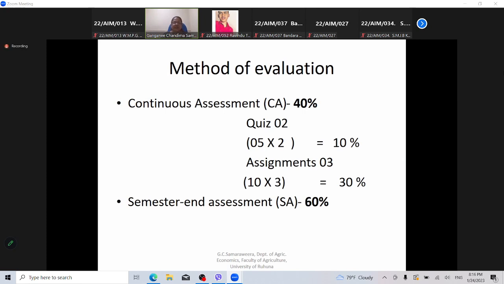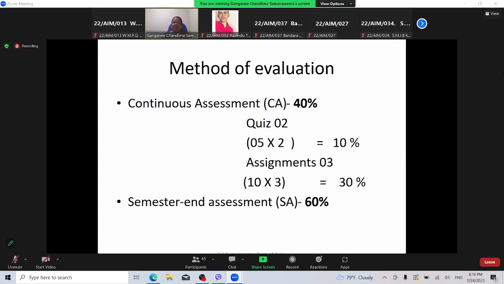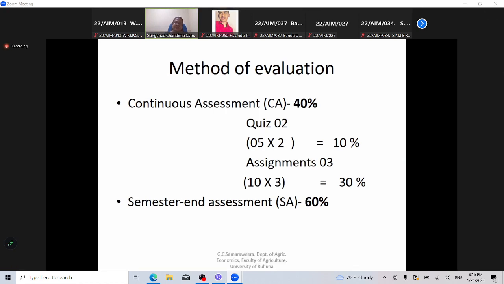For that, I will give you 2 quizzes. One contains 5 marks, 5% of all. Then altogether 10% for the quizzes. And I'm planning to give you 3 assignments. In that case, you can take 10 marks for each assessment, then total 30% for your assignments.